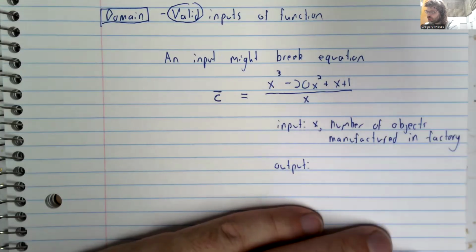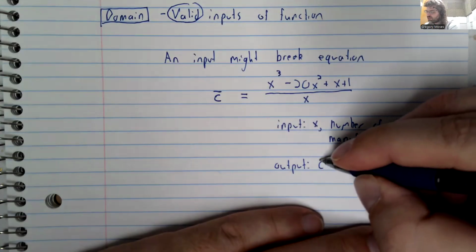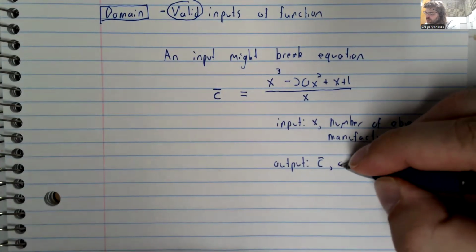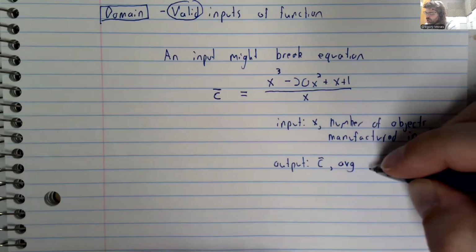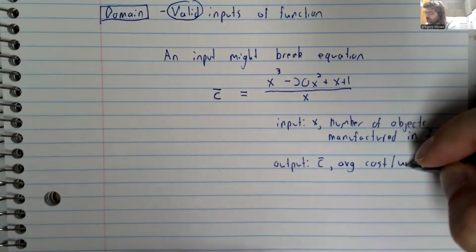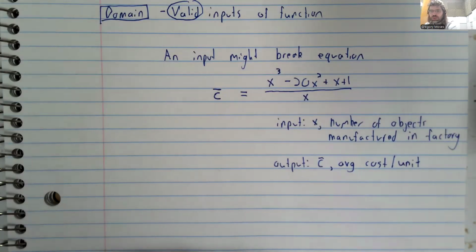And the output, this C with a bar above it, is going to be the average cost per unit.